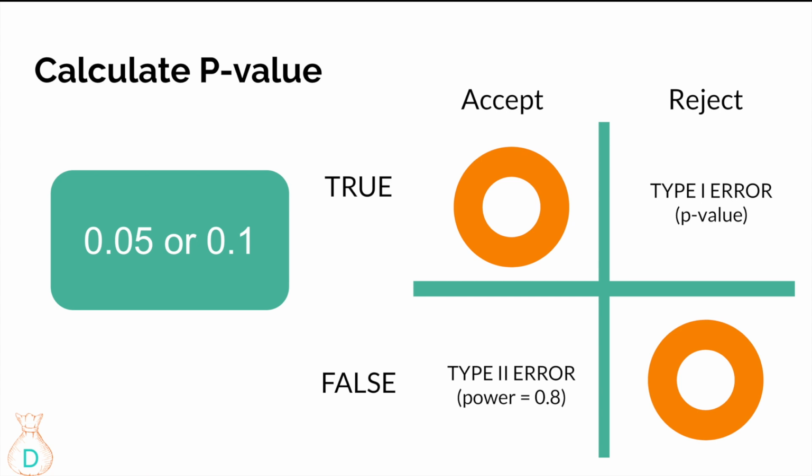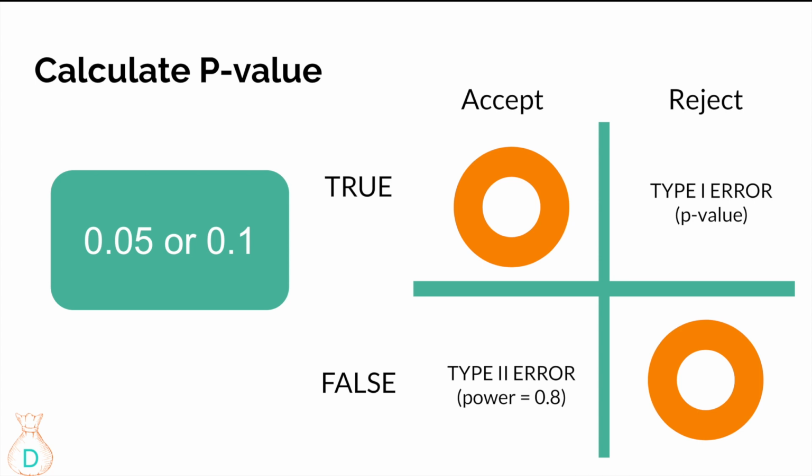And the other thing about thinking about your null hypothesis and accepting or rejecting is this. If your null hypothesis is true, that means there is no difference. So it's correct that you accept that there is no difference between the two groups, and that's a correct prediction.